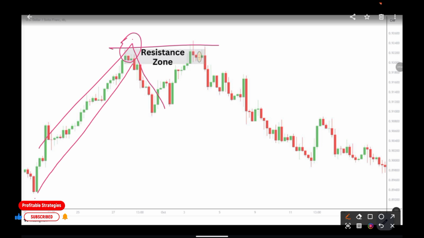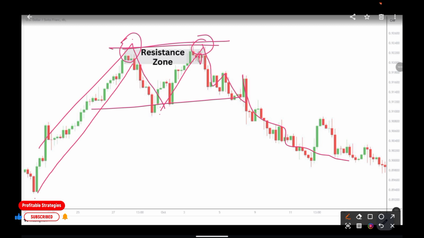The sellers push the price down. We go to the buyer zone here again. The buyers push the price to the seller zone again, and then this doji is formed in indecision. After the doji is formed, the next candle shows that the buyers could not push the price above this resistance. Then the sellers came in with their pressure and pushed the price down.